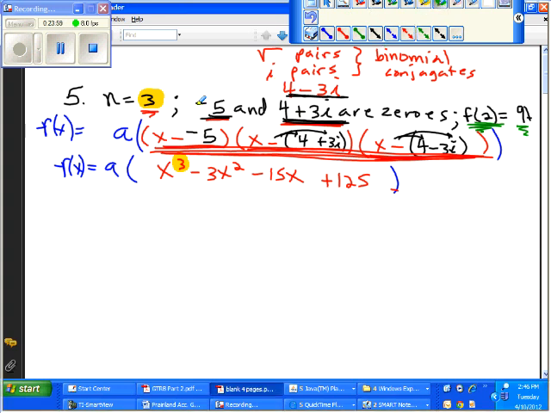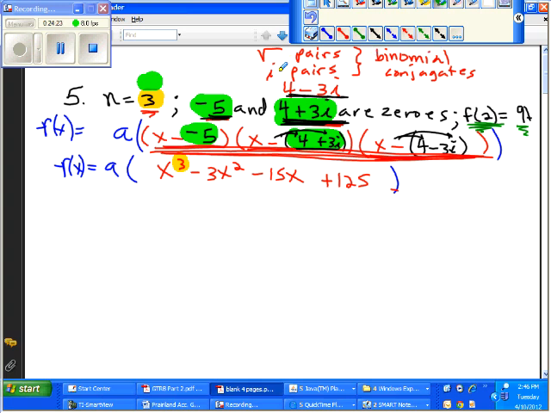They gave us that the zeros were negative 5 and 4 plus 3i. If that's a zero, then a factor looks like x minus that and x minus that. But an x cubed has 3 factors. They only gave us 2.